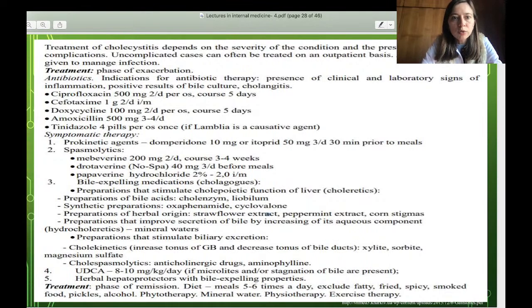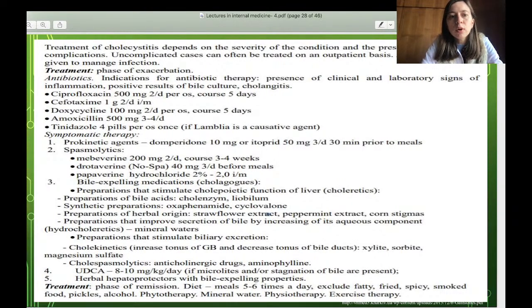Antibiotics. Indications for antibiotic therapy may be the presence of clinical or laboratory signs of inflammation, a positive result of bile culture, and cholangitis. And what to use? Ciprofloxacin 500 mg twice a day per dose, course 5 days.